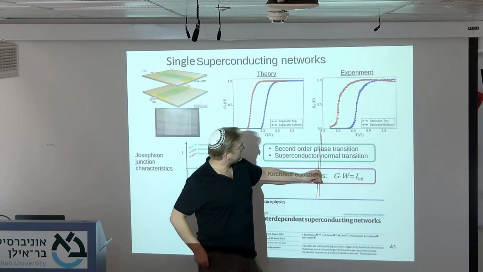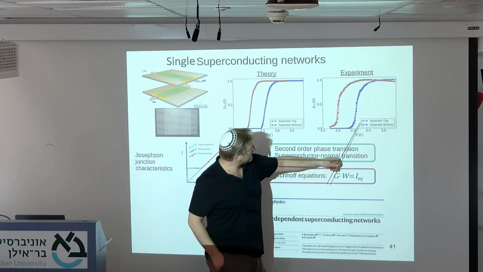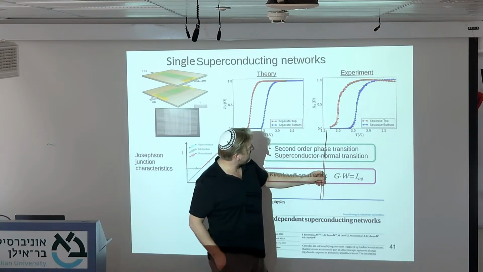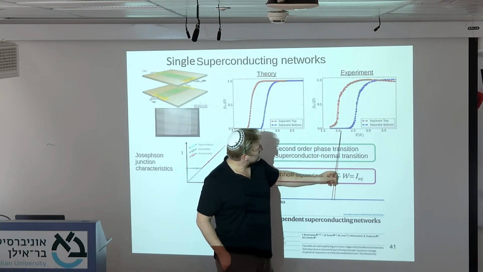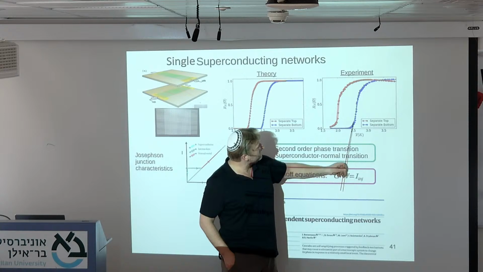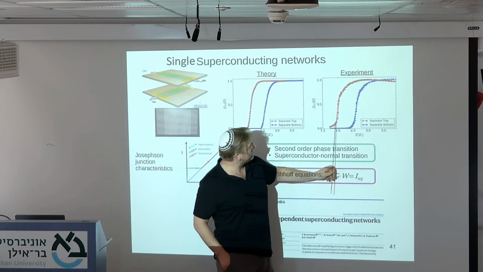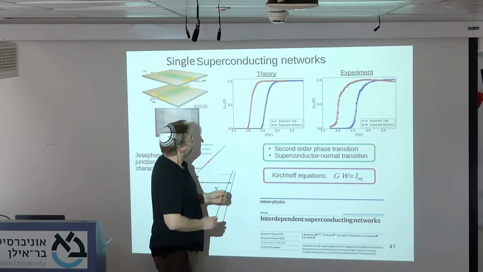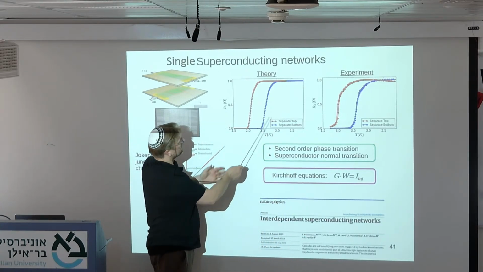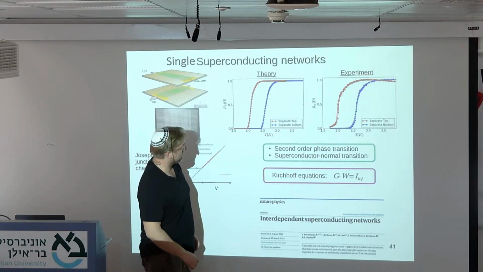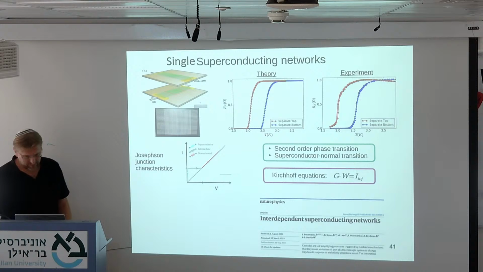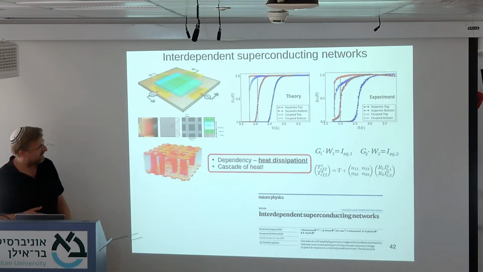So let's say you have a separate top and separate bottom, and now you increase the temperature, and you lose your superconductivity at around 2.5 Kelvin in this case, and 2 Kelvin in this case. And this is also something that the theory would predict. But then you go to the coupling.